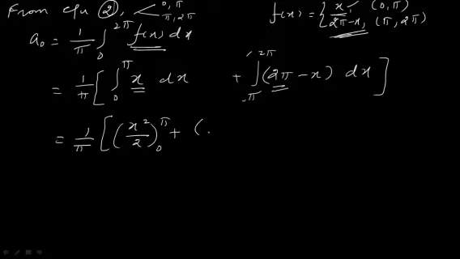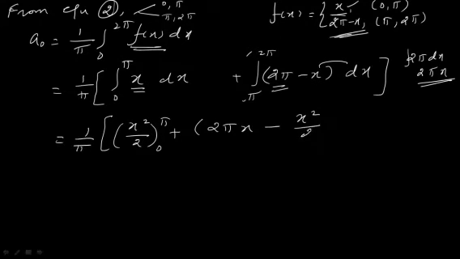So 2 pi dx is nothing but 2 pi x, right? 2 pi integral dx is x. Okay. So 2 pi x minus x dx. X dx is nothing but x square divided by 2. Here the limit is from pi to 2 pi.